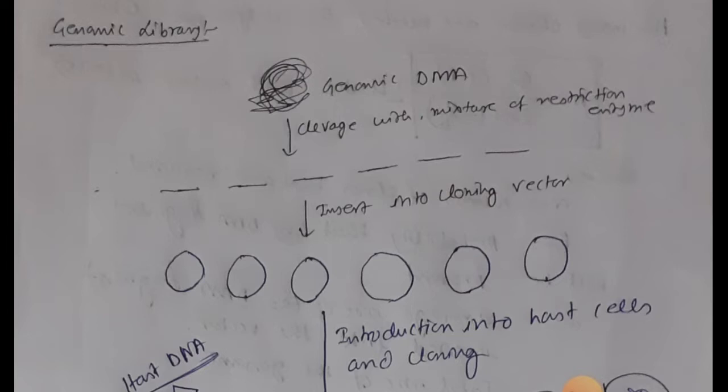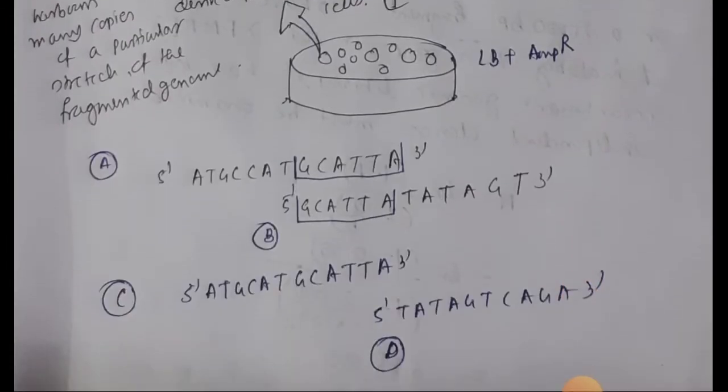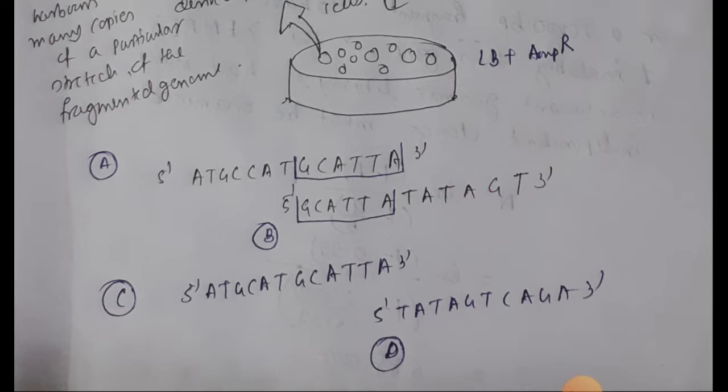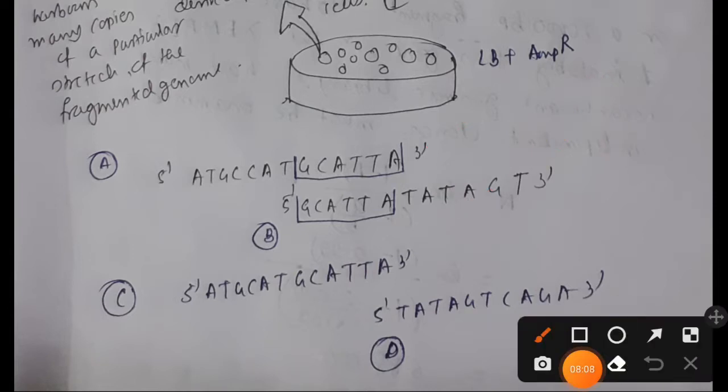Okay. So now, let's consider the example of E. coli, then it will be easy to understand. Suppose you are willing to study the lac gene, the important gene coding beta-galactosidase of lactose, right?